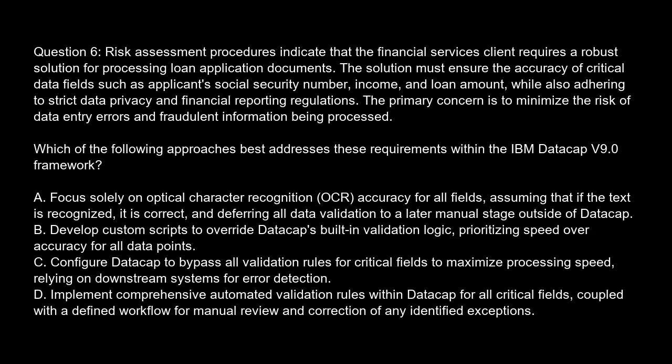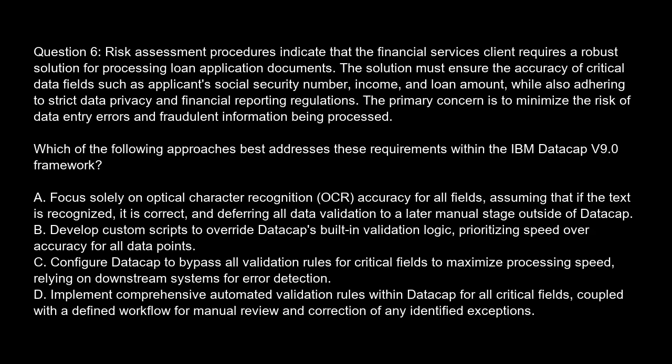Option A. Focus solely on optical character recognition, OCR, accuracy for all fields, assuming that if the text is recognized, it is correct, and deferring all data validation to a later manual stage outside of Datacap. Option B. Develop custom scripts to override Datacap's built-in validation logic, prioritizing speed over accuracy for all data points.